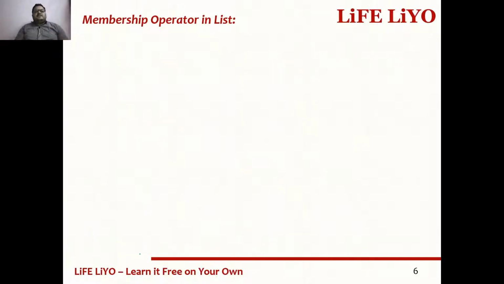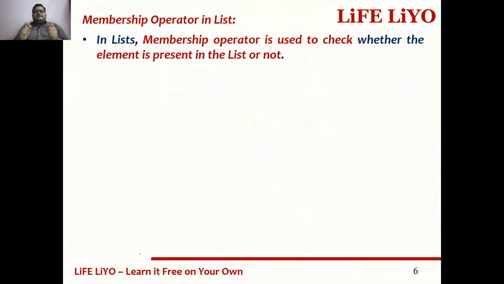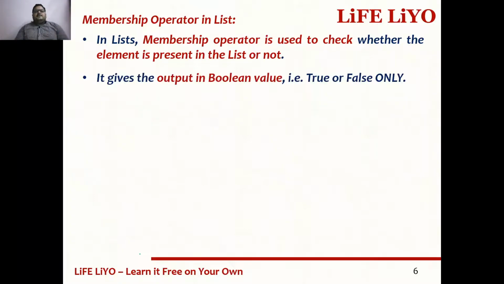Next, the membership operator. This operator is used to check whether an element is present in the list or not. It gives the output as a boolean value, true or false only. If we check whether a number is available in the list, it will say yes, that is true. If it is not available, it will say no, that means false. The syntax is: search element, in, list name.